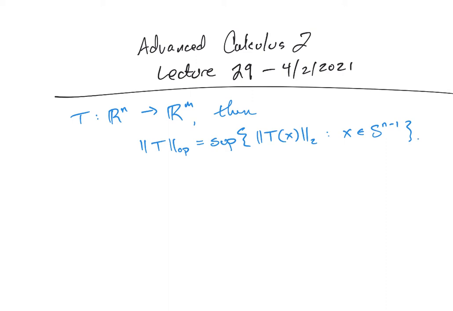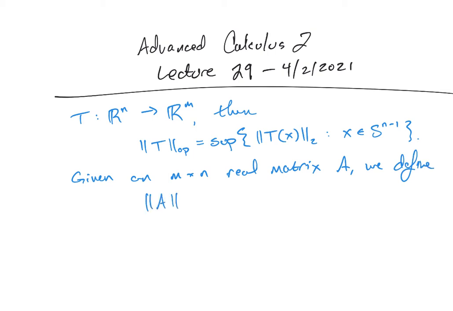Okay. Now, linear transformations are the same exact thing as matrices. So we can extend this norm to matrices. So given an M by N real matrix A, we define the operator norm of A to be the operator norm of the associated linear transformation.